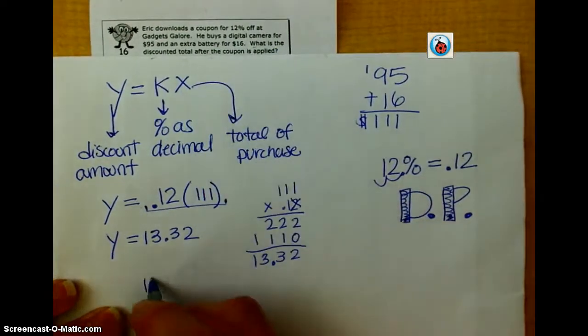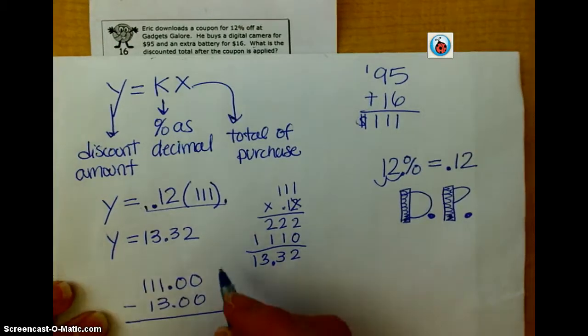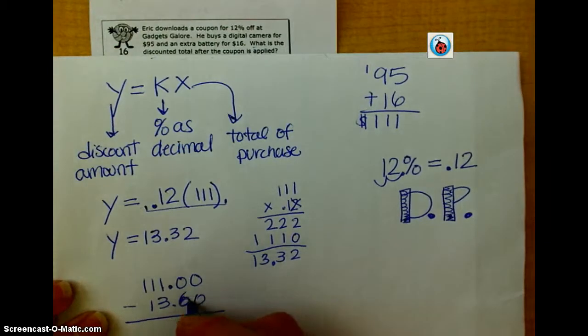So we're going to take the $111 and we're going to subtract the discount that we are receiving, which is actually $13.32.